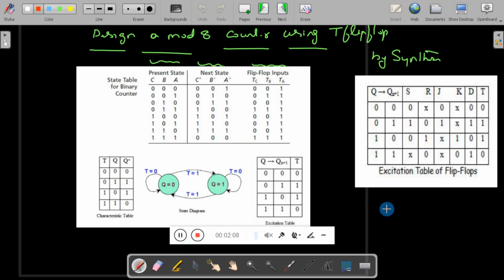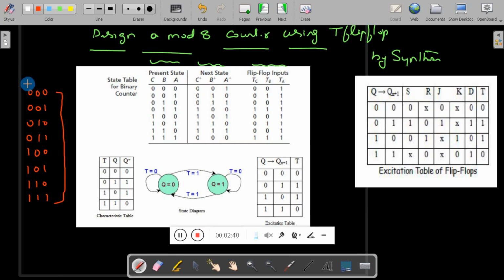Mod 8 counter means which counts from 0 to 7, that is 000, 001, 010, 011, 100, 101, 110, 111. Totally there are 8 states starting from 0 to 7. That's why it is called a mod 8 counter.